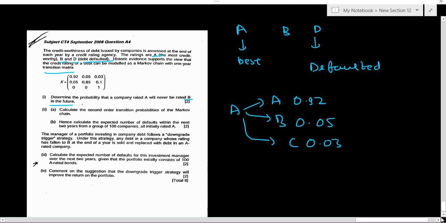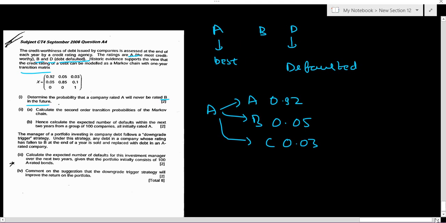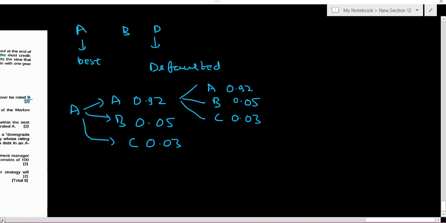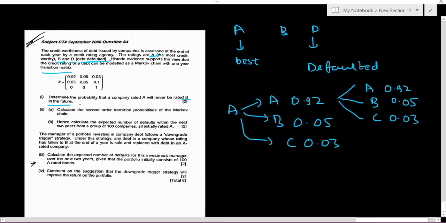So this is what they've given us, and they've asked us the probability that a company which is rated A right now is never rated B. Okay, and in the next year as well, if it is rated A, again there can be three possibilities, which can be A, B and C with the same probabilities, right? So you can have 0.92, 0.05 and 0.03. But whatever company is rated C, if you see the transition matrix properly, it stays in C. Oh, sorry, this is not C, this is D.